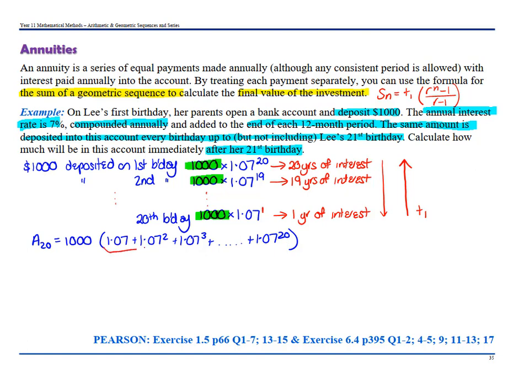So this bit here is geometric. Okay, T of 1 is 1.07 and our R is 1.07. So now we can use that formula.